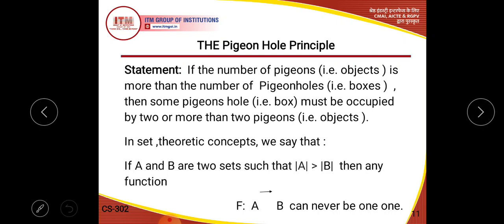Now, the last topic of this lecture is the pigeonhole principle.